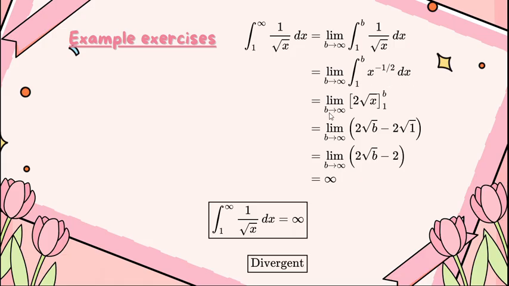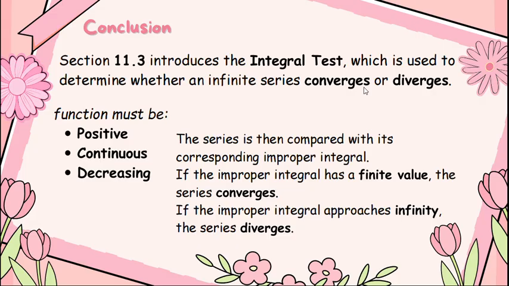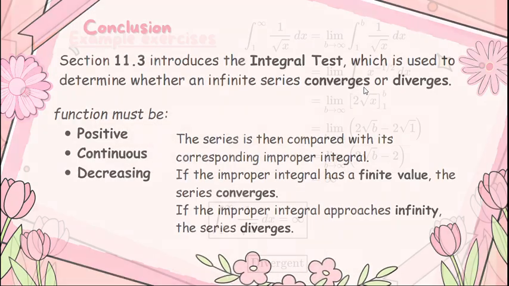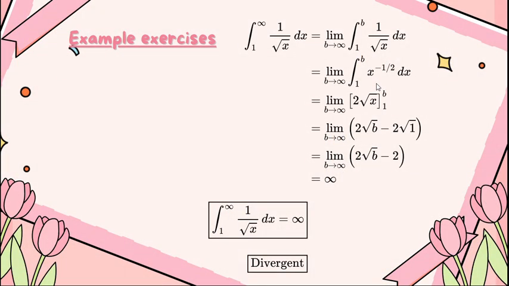As you remember the power rule, we have negative 1/2 plus 1, that is 1/2, and our denominator here is also 1/2. If we divide 1/2 by 1/2, that is 1.